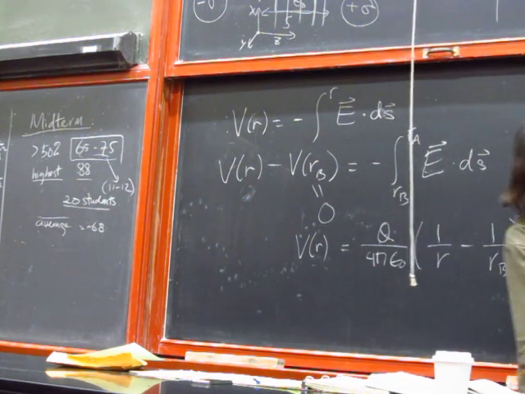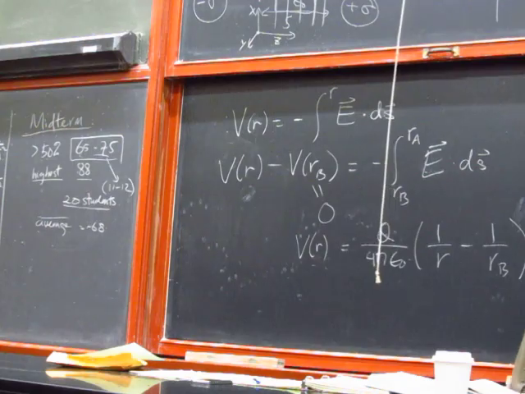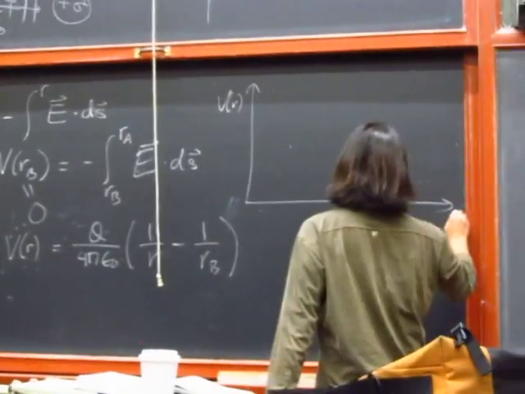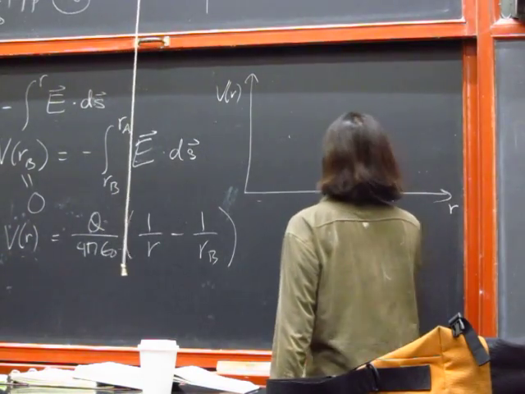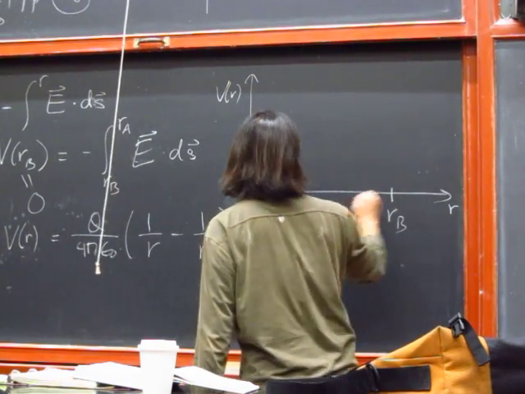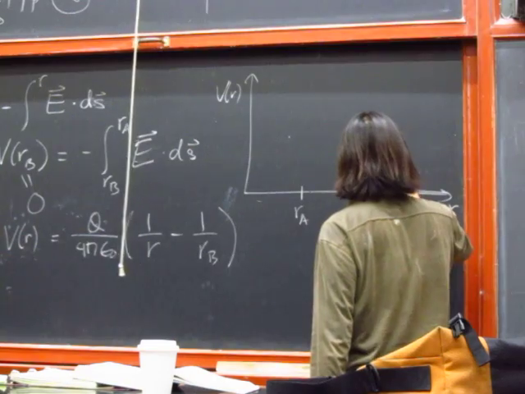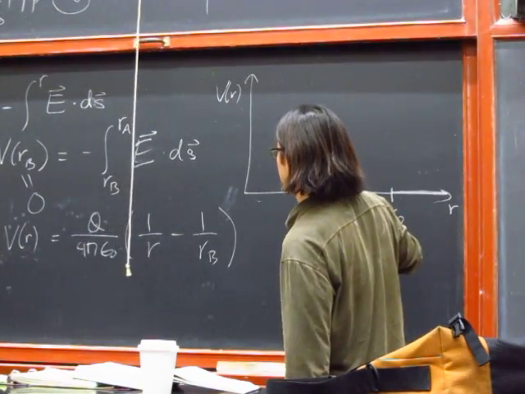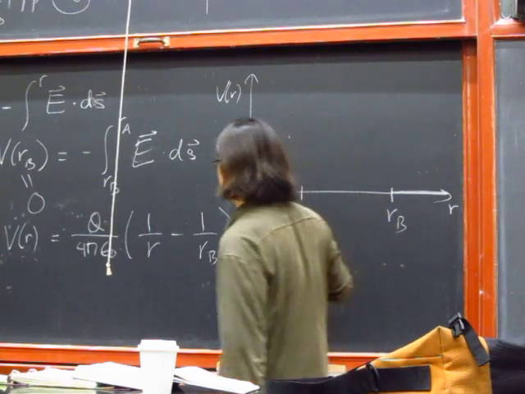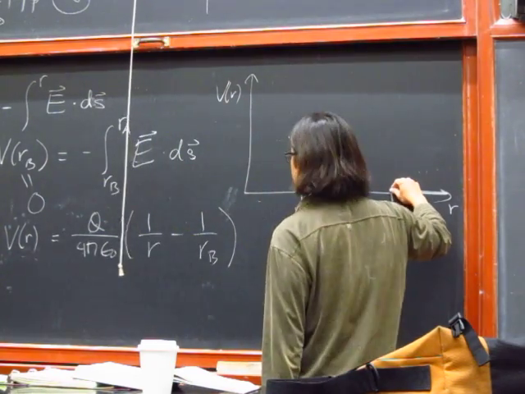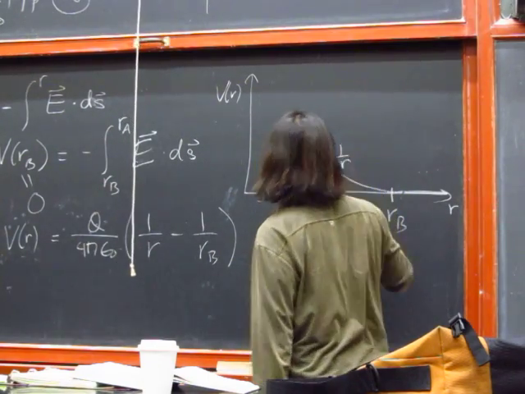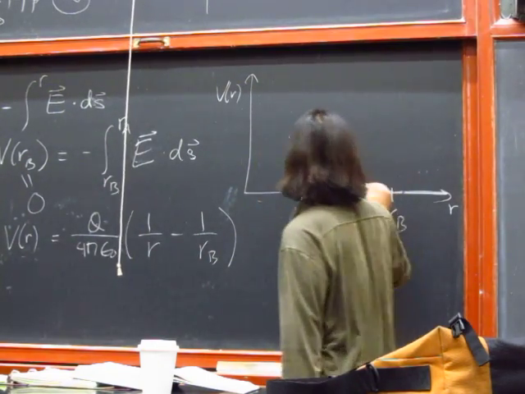If I draw the potential as a function of R, with RP and RA marked, it's going to be 0 out here, and then it's going to be a portion of 1 over R like that.